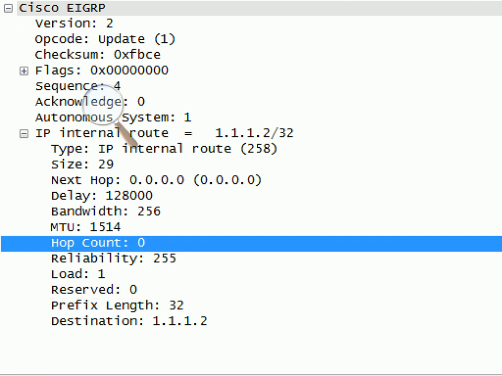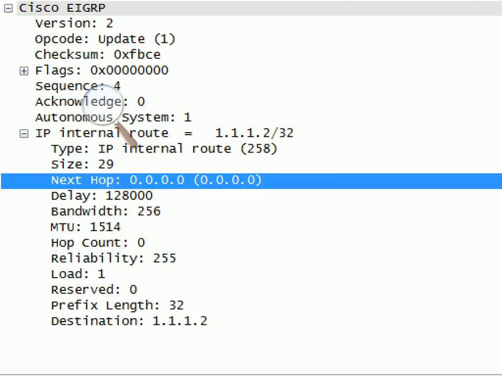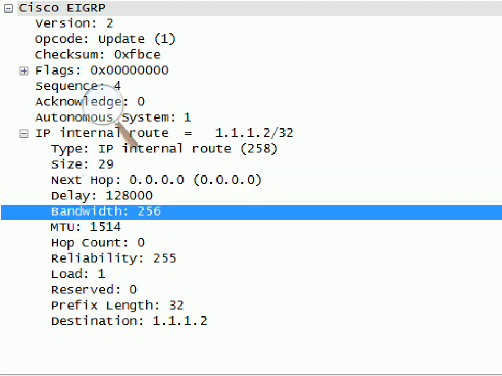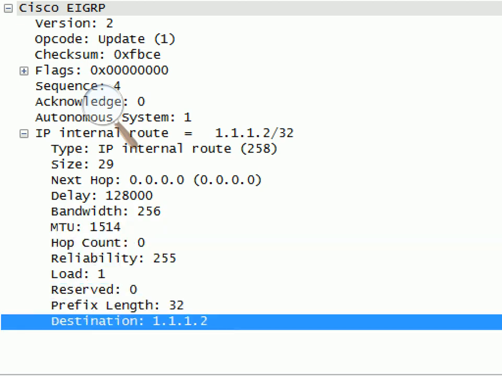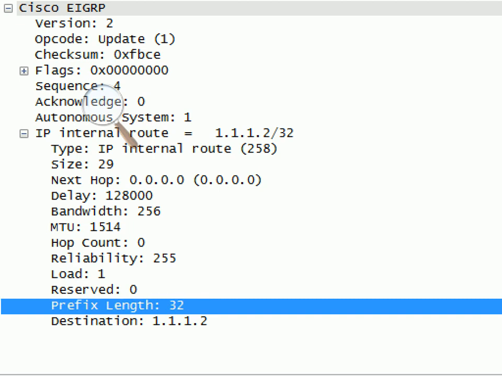This value is called hop count, which is also forwarded with the route. We discussed it. Fine. What are the things that are forwarded with the route? Metric, K values, hop count, each and everything. Prefix, prefix length. Everything is forwarded in the route.